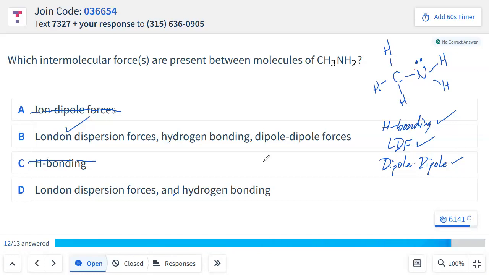The thing to remember is that these intermolecular forces are additive. One doesn't replace the other. They add on to each other. They supplement each other.